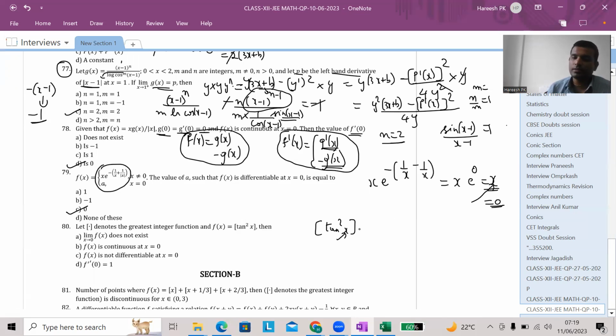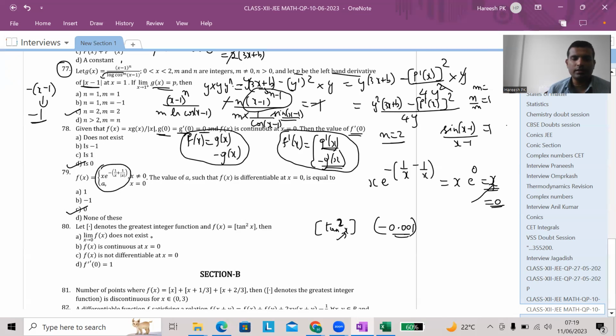And when x is minus 0.001, because we are squaring the tan function, tan of minus 0.001 will be a negative number, but the square will still be a small positive number. So the greatest integer will again be 0. So the function is continuous at x equal to 0.